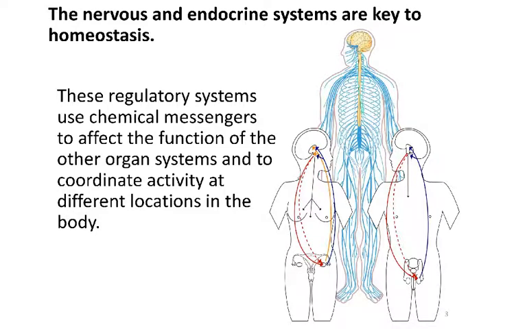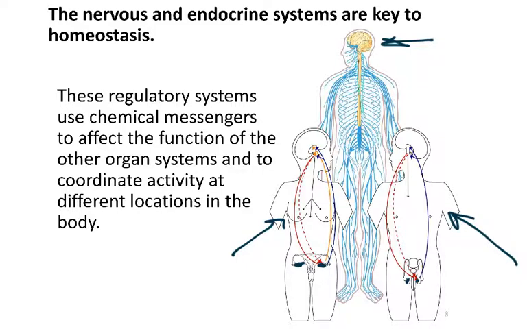So the two systems in the body that you can think of as being sort of in charge of homeostasis are the nervous system, which is here, and the endocrine system, which is slightly different in males and females because we have different gonads. Women have ovaries, males have testes. Both of these systems use chemical messengers to affect the functioning of other systems.